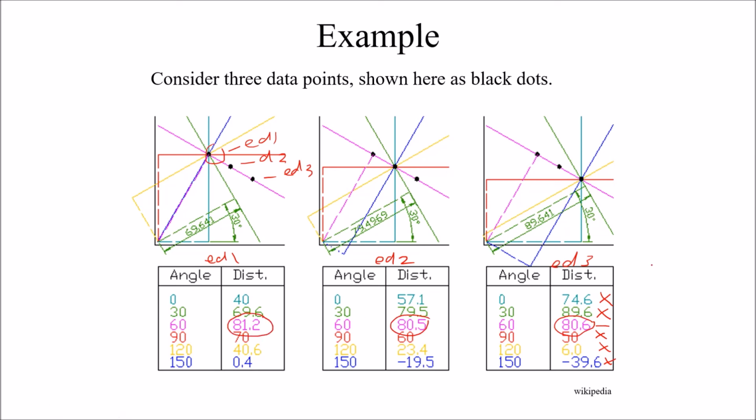So for this case, we can say that 60 degrees produces the consistent distance. So how are we able to determine the magnitude? We can find the average of the magnitude from this case, 80.6 plus 80.5 plus 81.2 over 3.